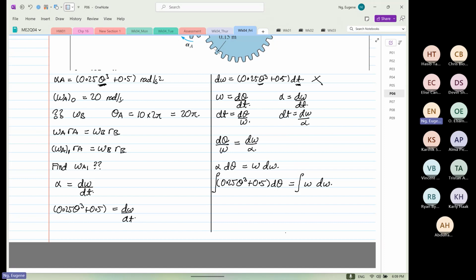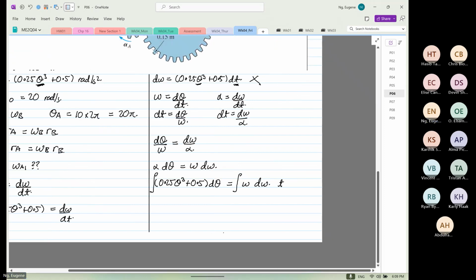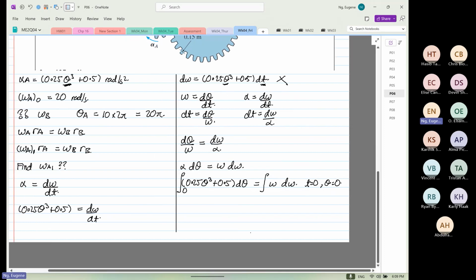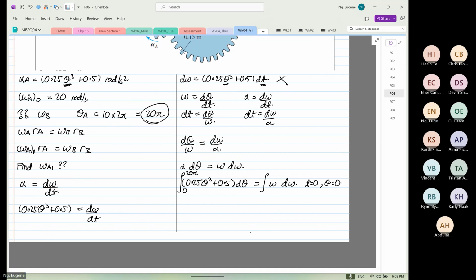Given to me, when time is equal to 0, theta is equal to 0, yes or no? So we know for the first part, the lower limit is 0. And the upper limit we calculated is 20 pi. We are going to integrate in terms of omega.